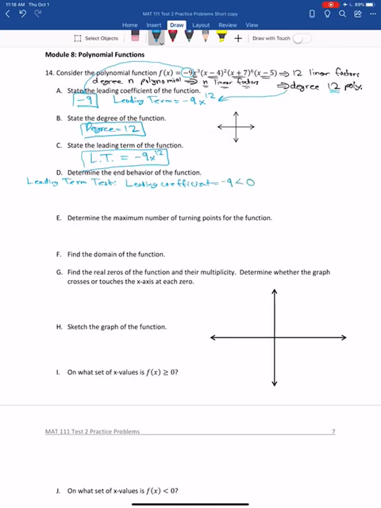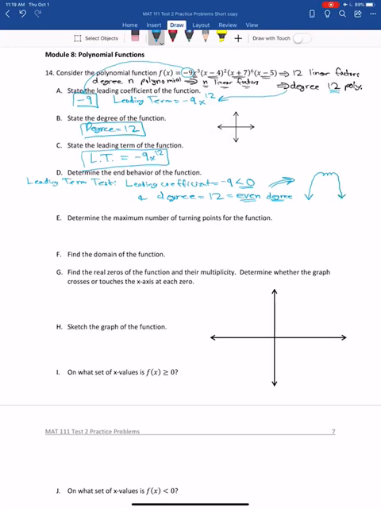So it's less than 0. And the degree from this leading term is 12, so it's an even degree polynomial. Well, anytime we have an even degree with a negative leading coefficient, that implies our graph has the ends going the same direction, and they're both going to negative infinity.